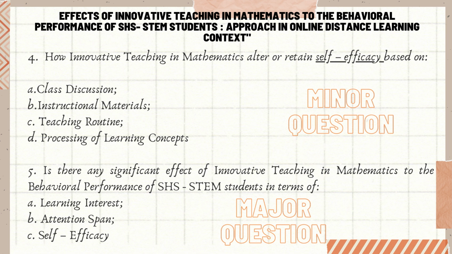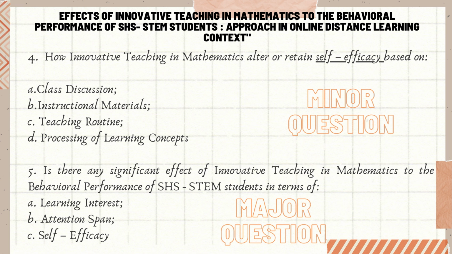Okay, since our research title is Effects of Innovative Teaching in Mathematics to the Behavioral Performance of Senior High School STEM Students, Approach in Online Distance Learning Context, meaning to say, the main purpose of our research here is to know the effect, 'di ba? To assess whether there is significant effect. Okay, so we have variables innovative teaching in mathematics and behavioral performance.